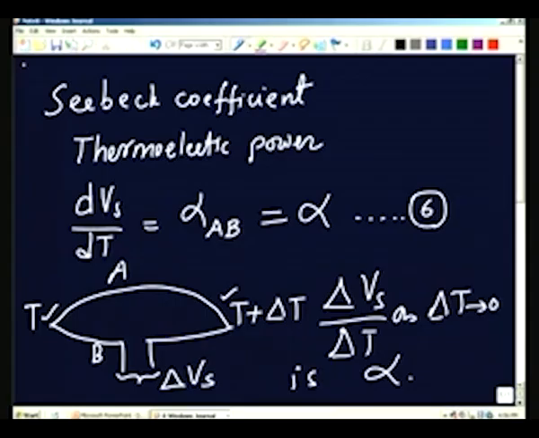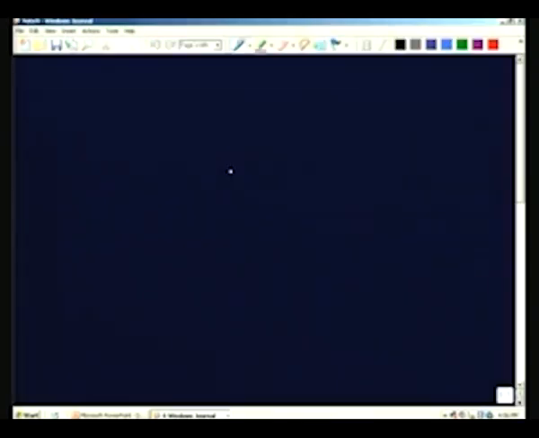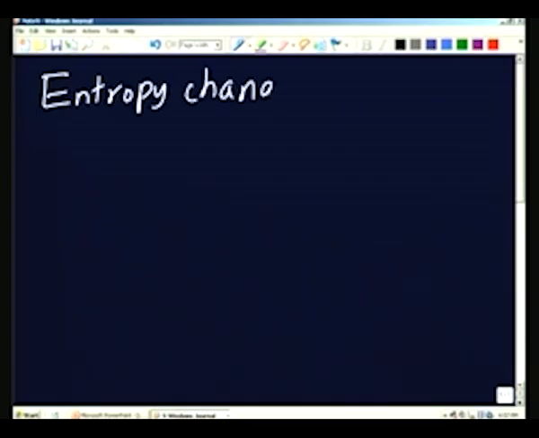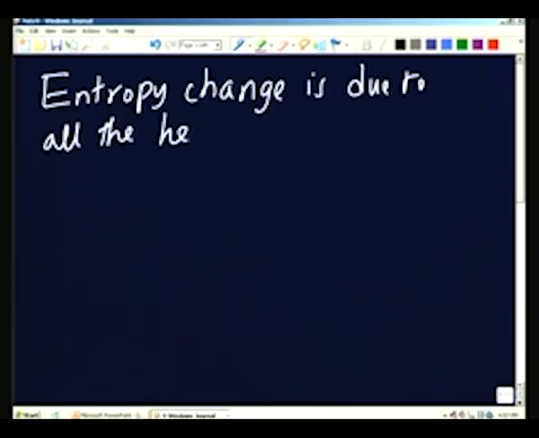Now, let us look at the entropy generation which is going to take place in such a system, if it were to take place. We are going to of course say that the entropy generation is 0. Entropy change is due to all the heat interactions.